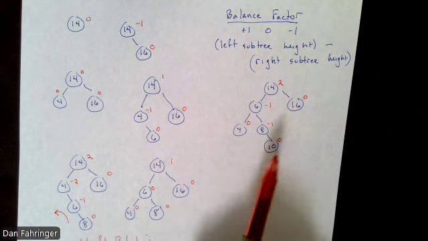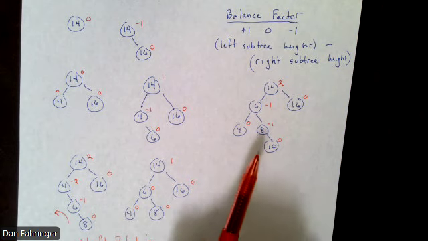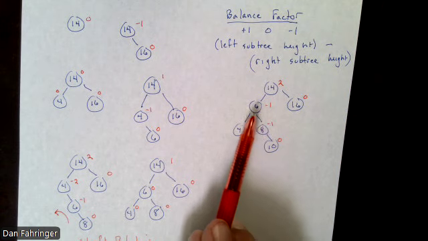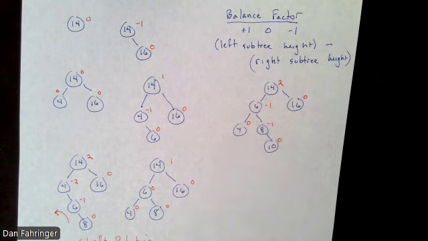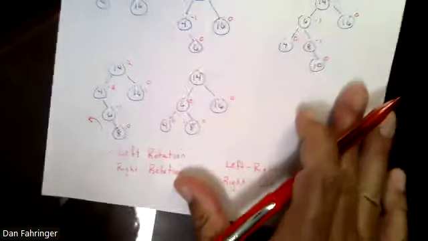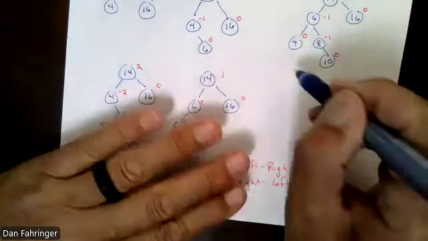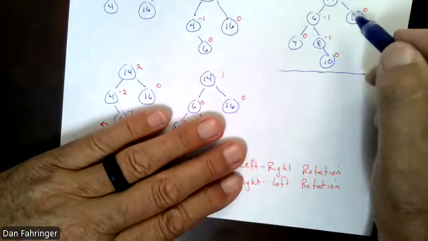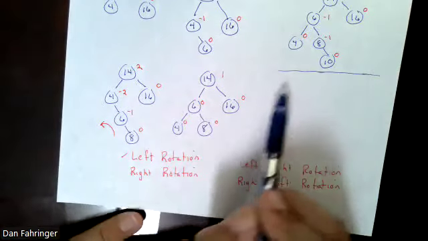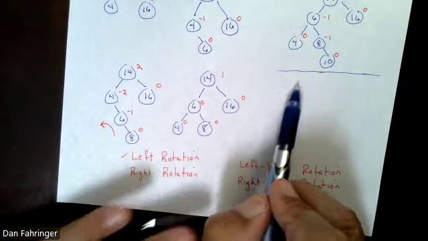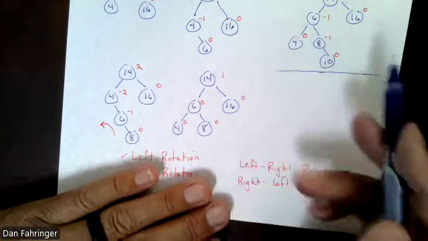And this time, and I haven't picked up the patterns yet, but I know I need to do a left rotation and then a right rotation. I need to do a left rotation. So that's 1. This is 2. The left rotation is going to be here with the 8. It's going to rotate up.